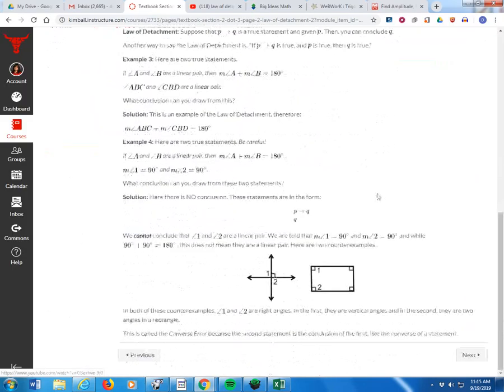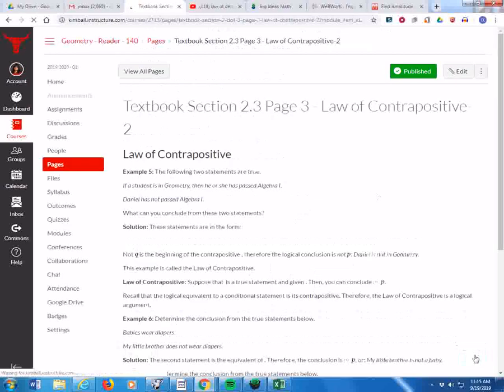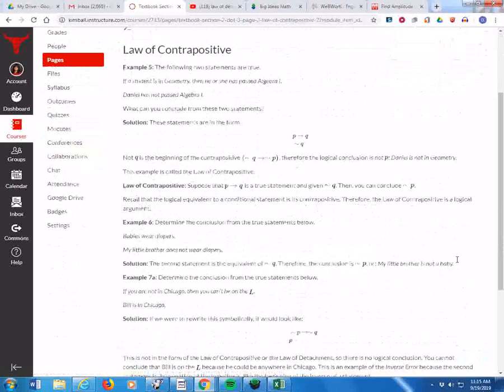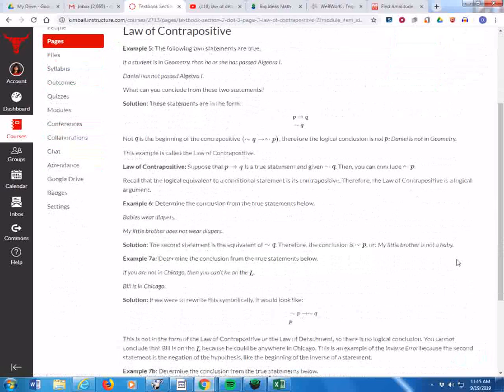Okay, the third law in this section is something called the law of contrapositive. And the law of contrapositive says, if you're given P then Q, a conditional statement, if P, then if hypothesis, then a conclusion, and then it says the conclusion doesn't happen, it's the not, the inverse of that conclusion, then you can conclude not P. Okay?